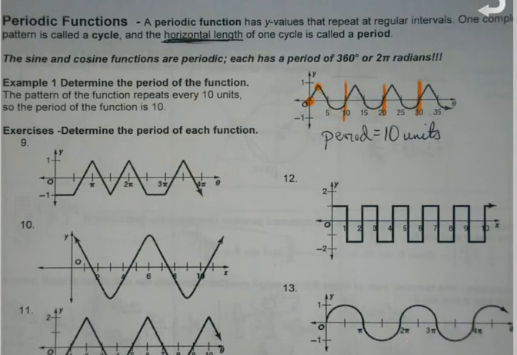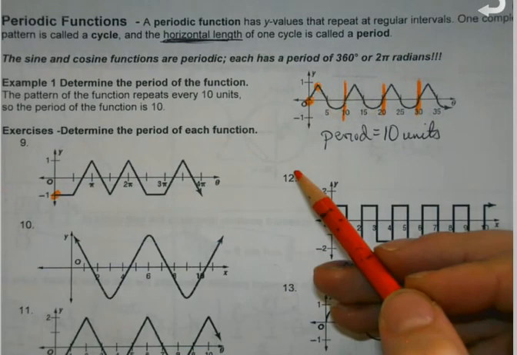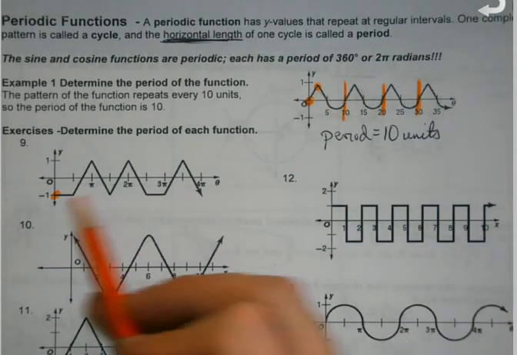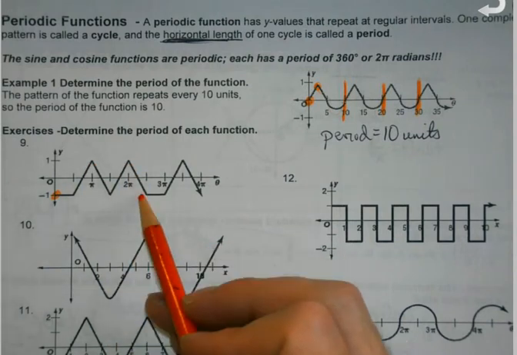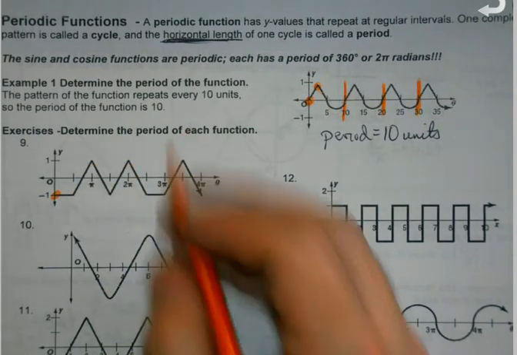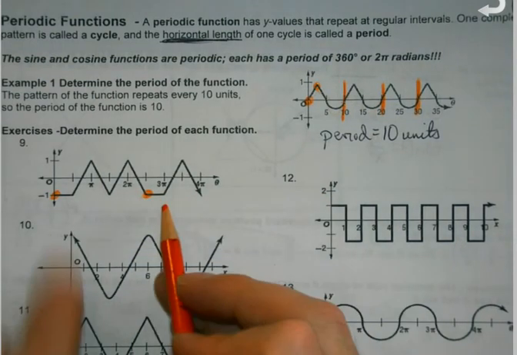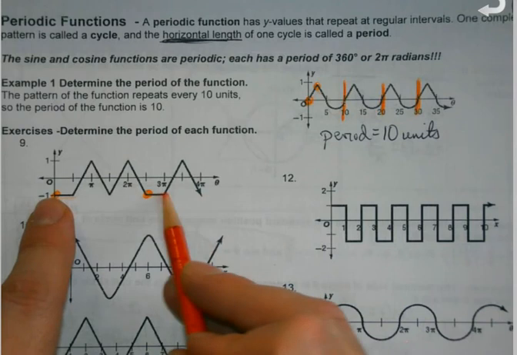So I look here on this first one and I go, okay, it starts here. Where does it start over again? Looks like it starts over again here, because it looks like that first step's always going to be this quick little horizontal line.